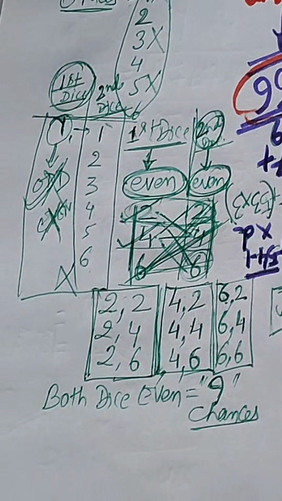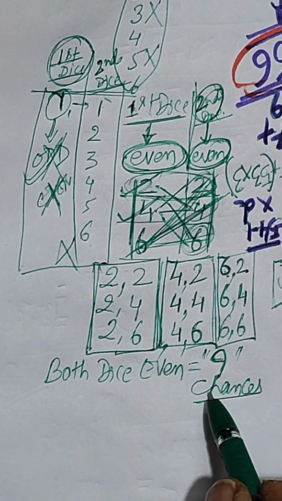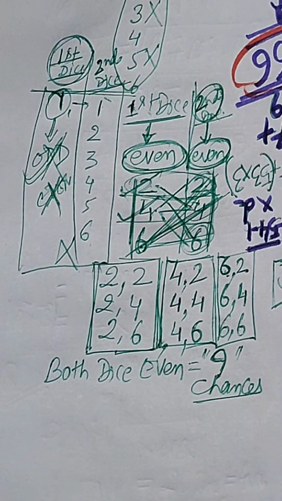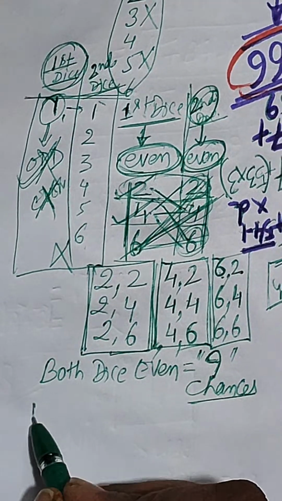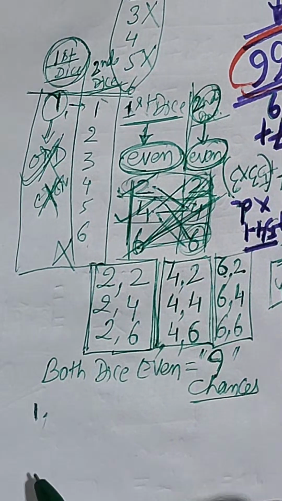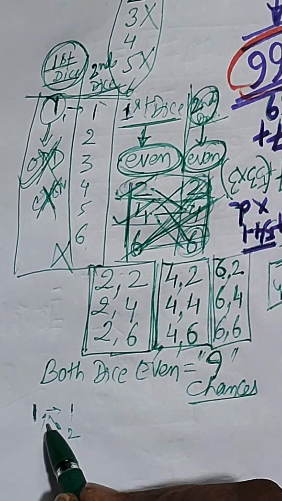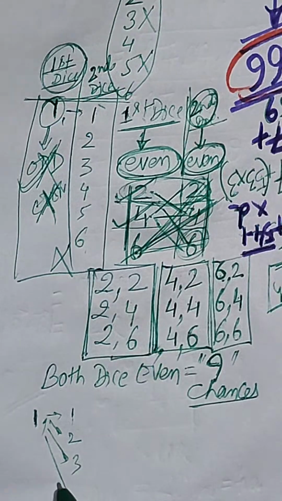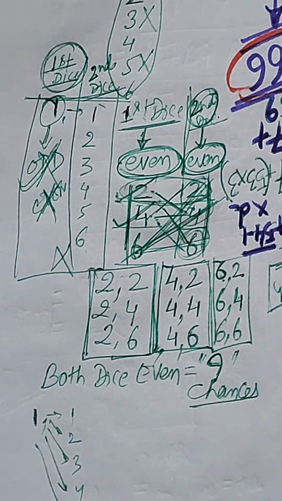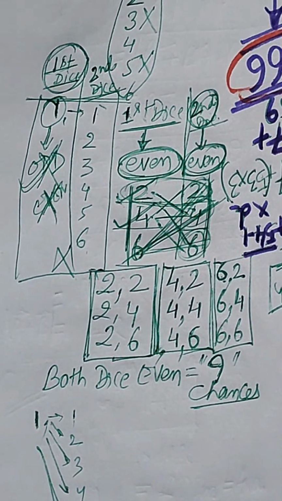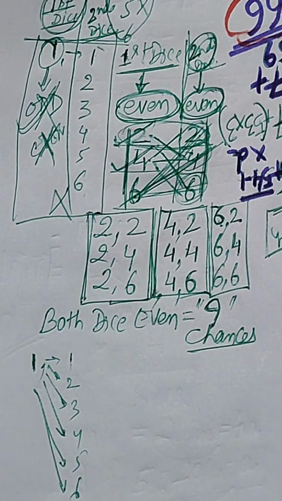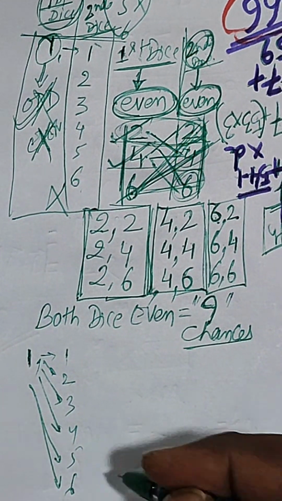But my dear friend, tell me, how many total chances are there? With 1, when 1 is coming to the first dice, it could be 1, it could be 2, it could be 3, it could be 4, it could be 5, it could be 6, right? These could be the possible options.